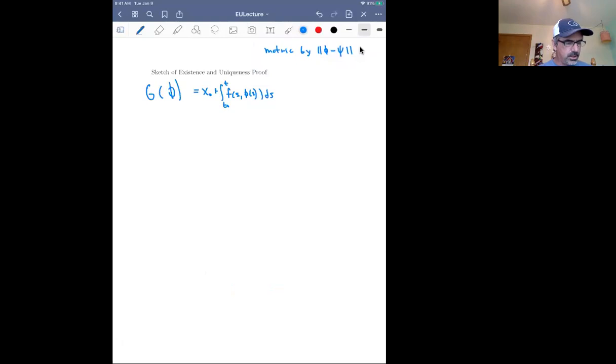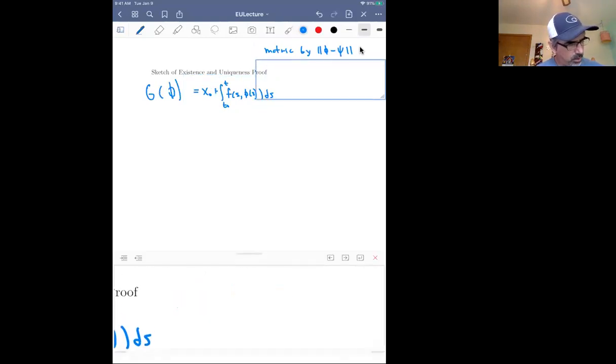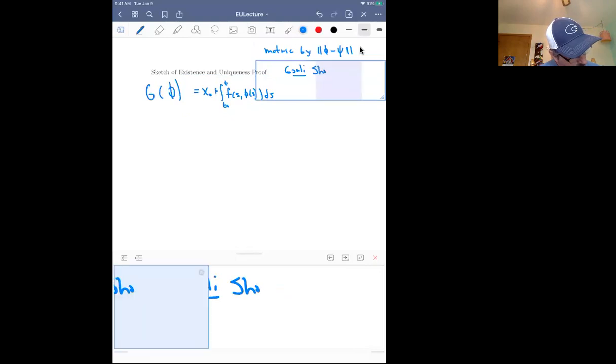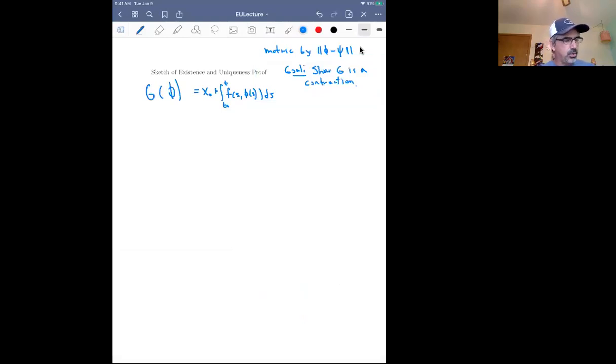So what we want to do, our goal here, is to show G is a contraction. And if I can show that this is a contraction, then that means it has a unique fixed point.